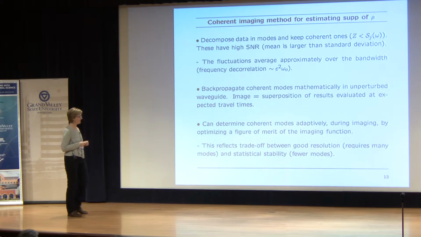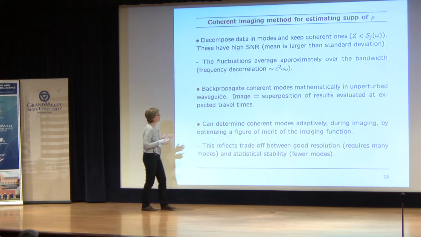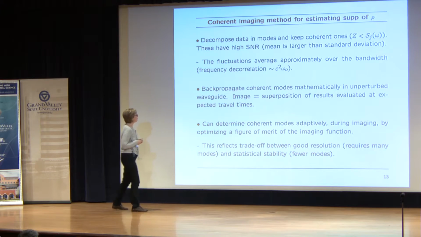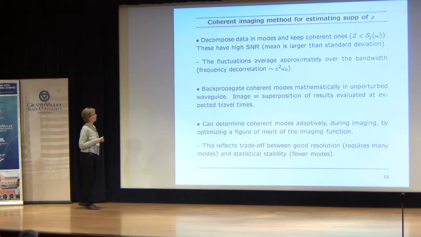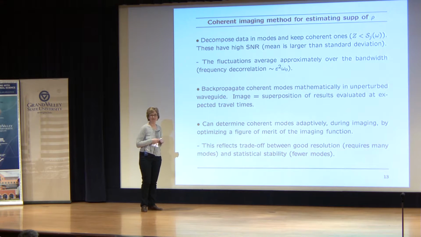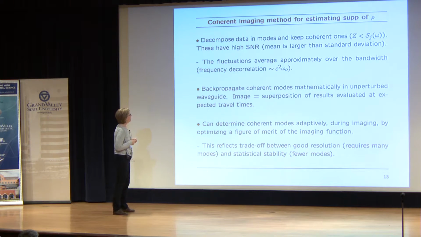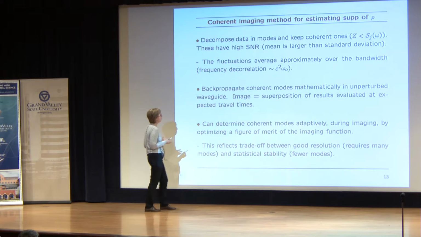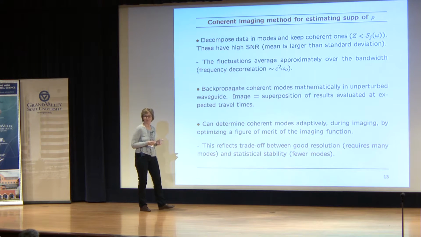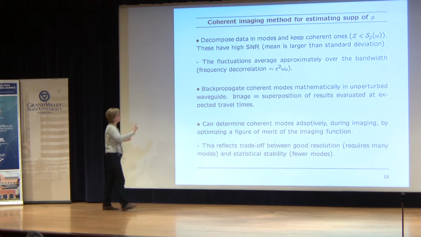Now we see that various components of the wave lose coherence on various scales. So in order to keep robustness, we would like to decompose the data over the modes. That just means projecting on these eigenfunctions phi. And then keep only the coherent modes, the ones that are not too random yet, and throw away the others.